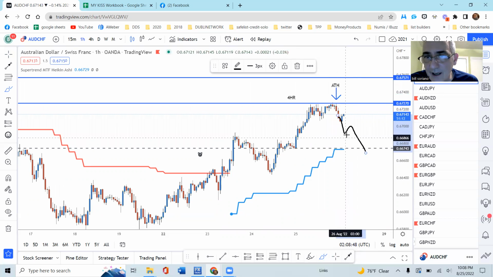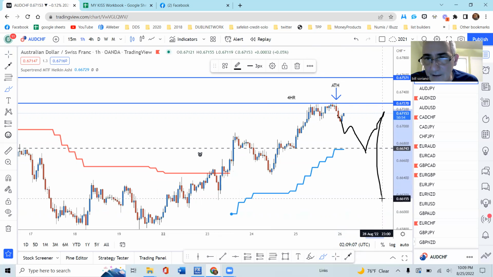It's a move down with a retracement, and then another move down, breaking this internal structure right here, with another retracement. Then I would look for this to flag up, hopefully to a banker candle in this area before dropping down. That's kind of what I would normally look for.